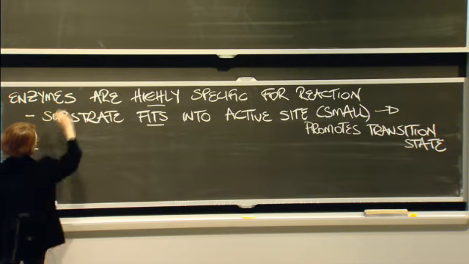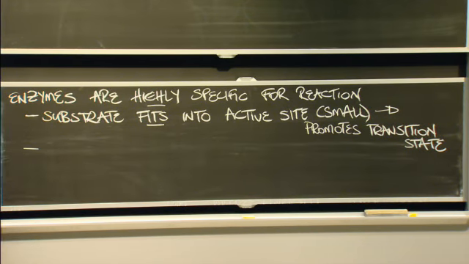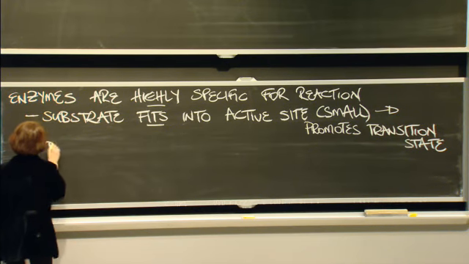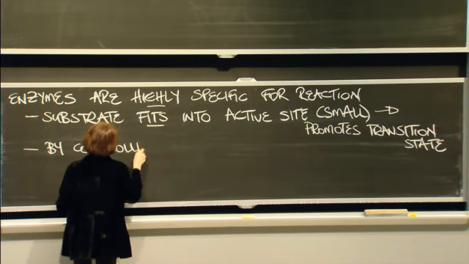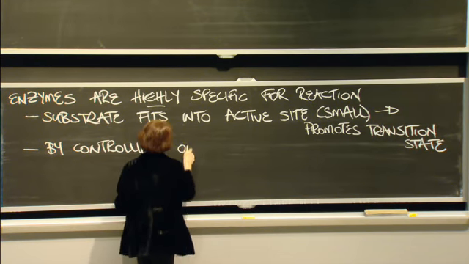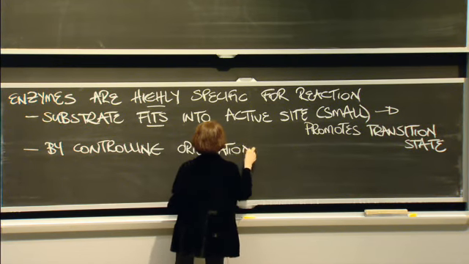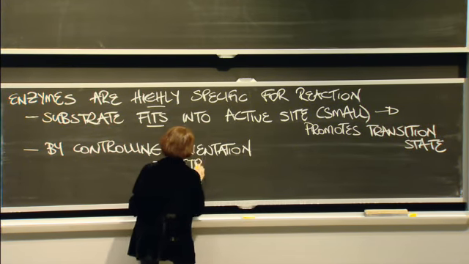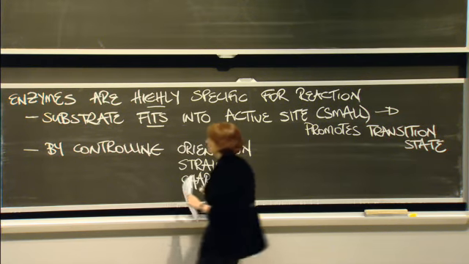So we can actually say that the substrate is promoted to undergo catalysis by controlling, let's just list these, orientation of the substrate in the active site, adding strain to the substrate, or possibly adding a particular charge to the substrate.